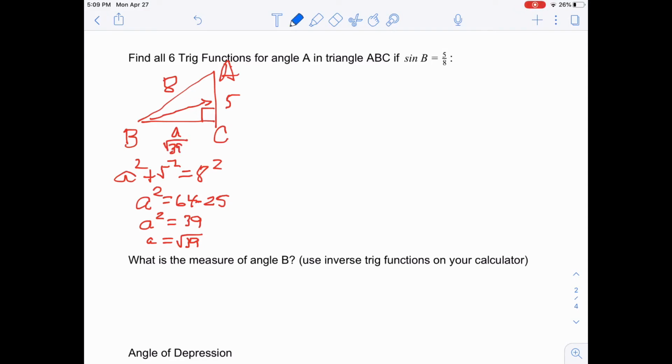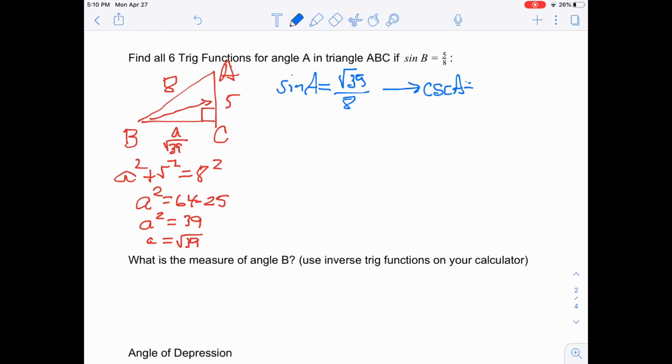So let's find now the 6 trig functions. So we want to find sine of A. That's equal to the opposite side to A, which is the square root of 39, over the hypotenuse, which is 8. Now I can immediately do my cosecant of A, because that's the reciprocal.